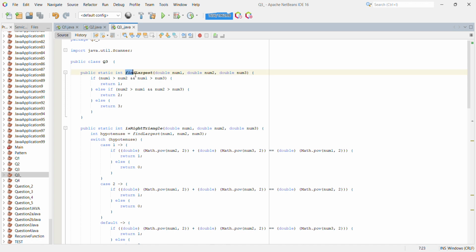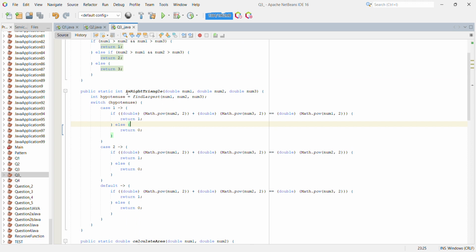I named our method findLargest and set it as an int because the value we return is an integer. Then compare the numbers with each other inside the if structure. I returned an int value in order of the largest number. Okay.